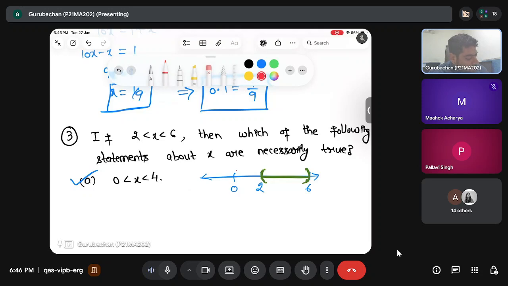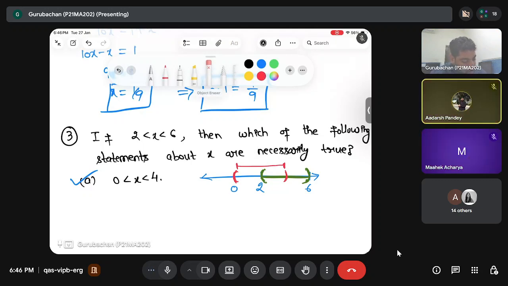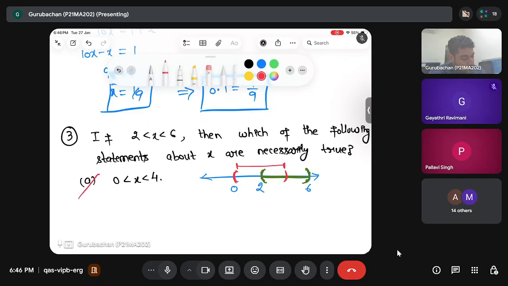This is the collection of all those. Now tell me whether it is true. No, sir. So this will not be true.